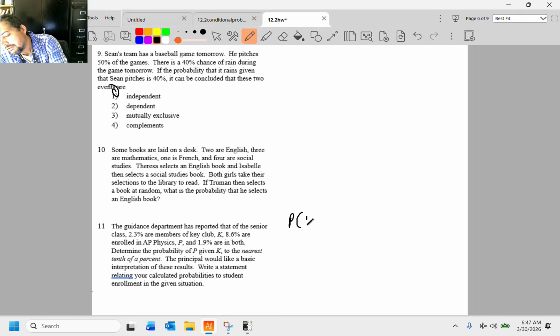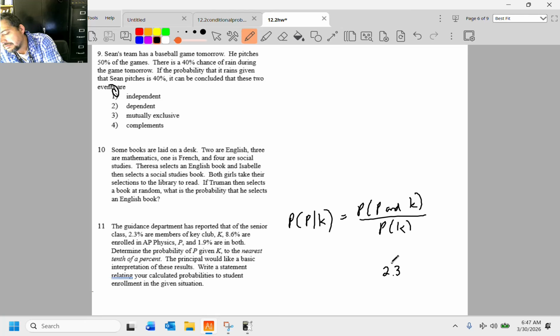The probability of P given K, so AP Physics given you're in the Key Club, would be the probability of P and K over the probability of event K. The probability of event K is 2.3%. 8.6% are in AP Physics, and 1.9% are in both.